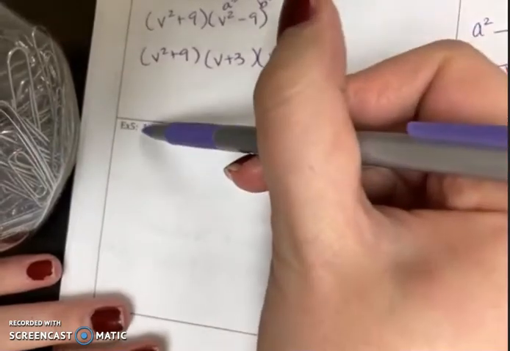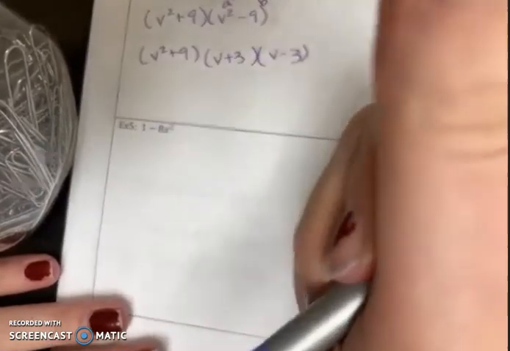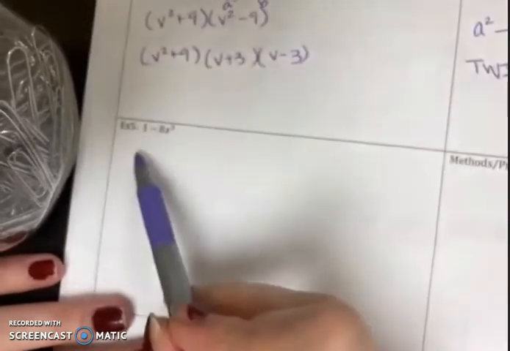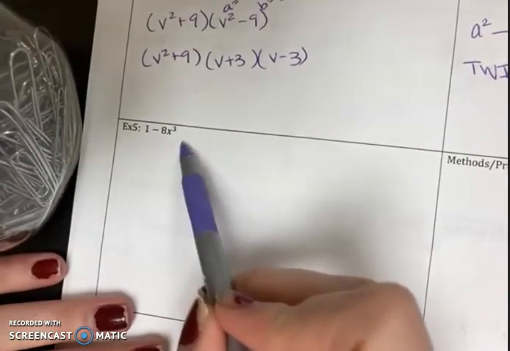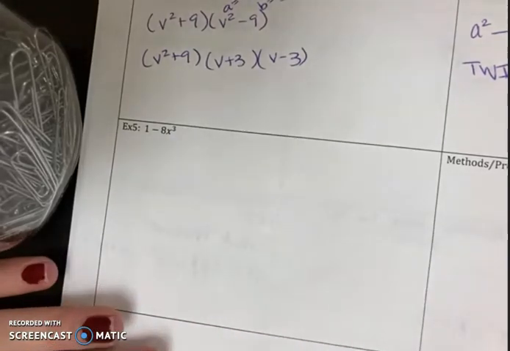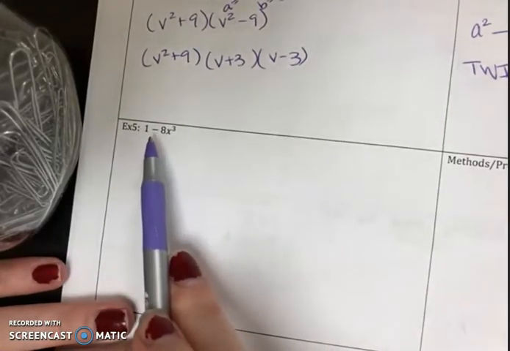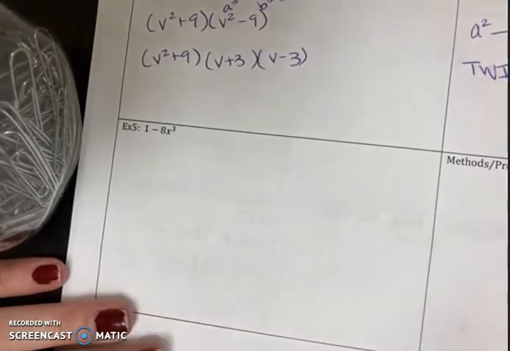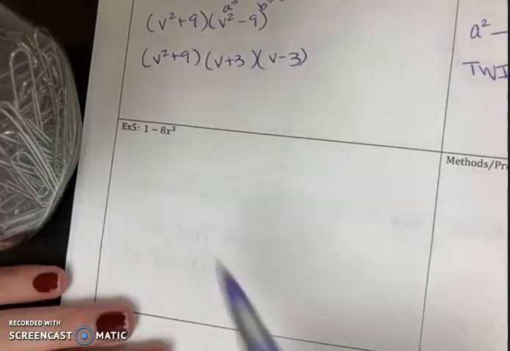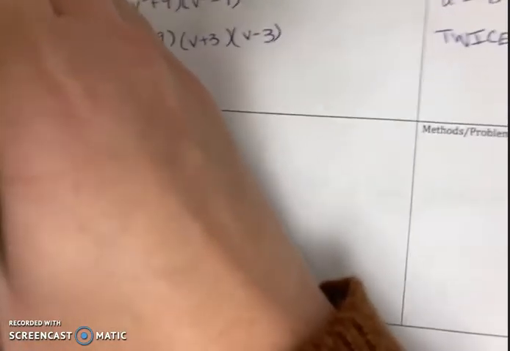And I want you to notice, because there's 2 terms, it's either going to be a GCF, perfect squares, or perfect cubes. So there's no GCF. I have a cube, so obviously it's not a square. But I could try a difference of 2 cubes. I'm going to write the rule off to the side.